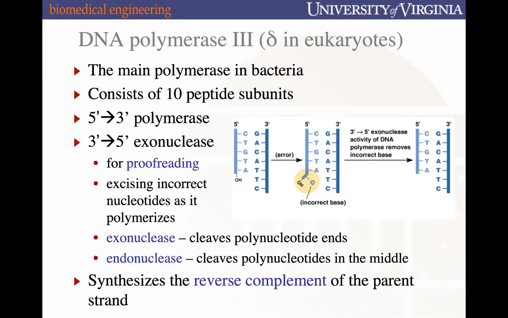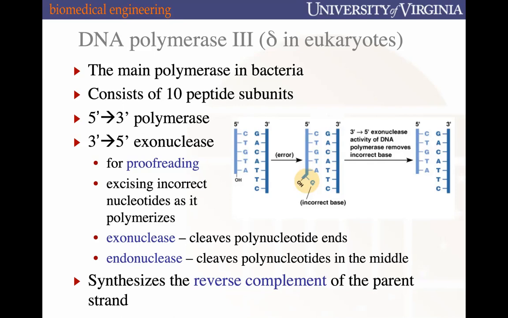Once it moves back up, now that it's changed its role, it moves in a different direction. It's now going to move from 3' to 5'. Once it gets to a point where the conformation is correct, it can switch roles again. Now it went from exonuclease to a polymerase, and it'll move in the 5' to 3' direction, helping to mediate the addition of the right nucleotides.